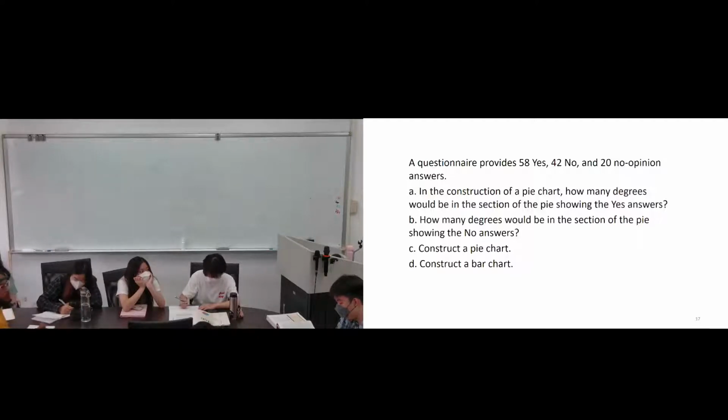And then we can obtain the relative frequency. And then we multiply the relative frequency by 360, because there are 360 degrees in the pie chart.